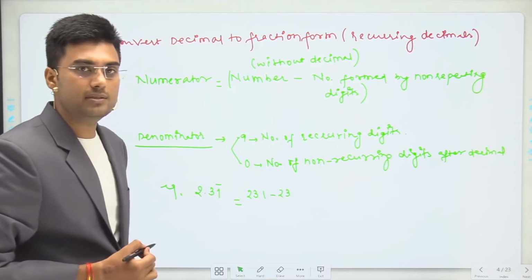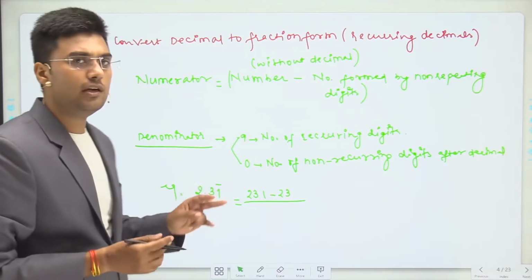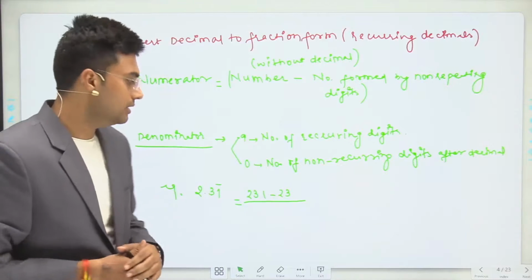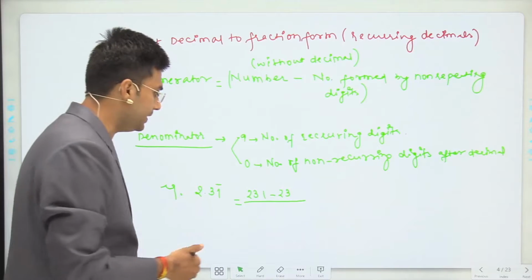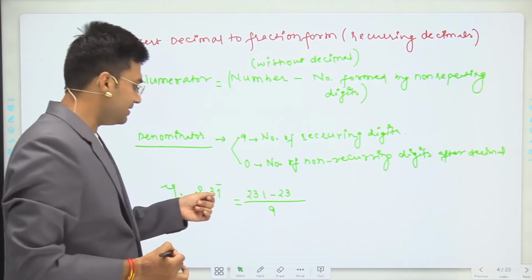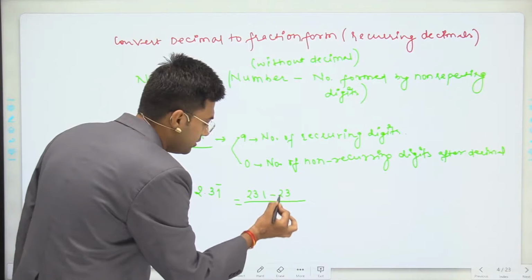So the number formed is 23. In the denominator we have 9 and zeros, and the number of 9s should be 1 because only one digit is repeating, and after the decimal only one digit is non-recurring, so the number of 0s is also 1.